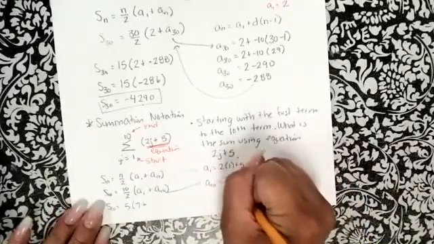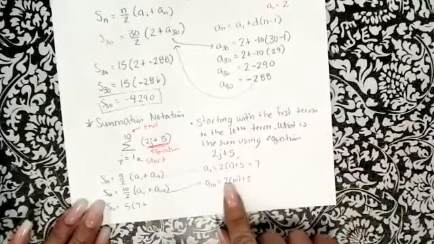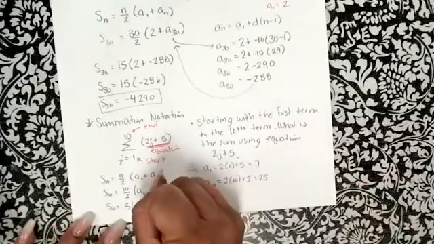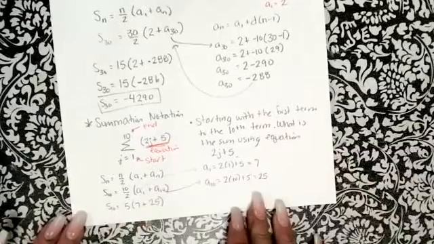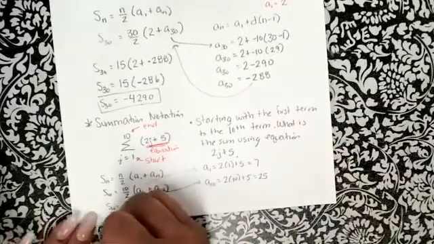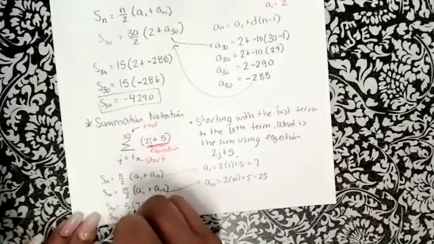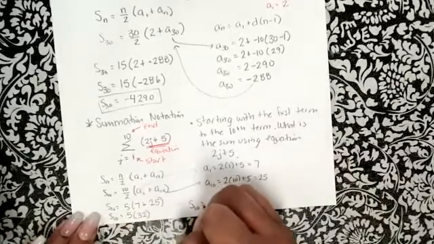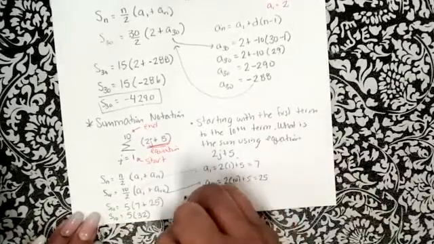So then that's 2 times 10 plus 5. That's 20 plus 5, which is 25. So I'm going to plug a 25 there. Order of operations says to do parentheses first. So S of 10 equals 5 times 32. And then 5 times 32 is going to be 160.